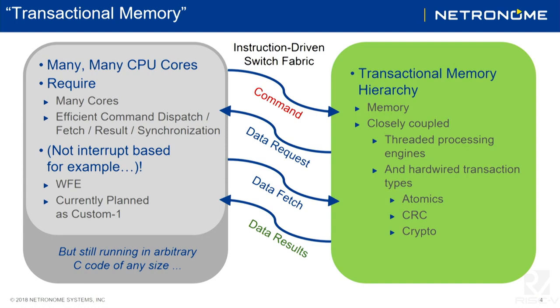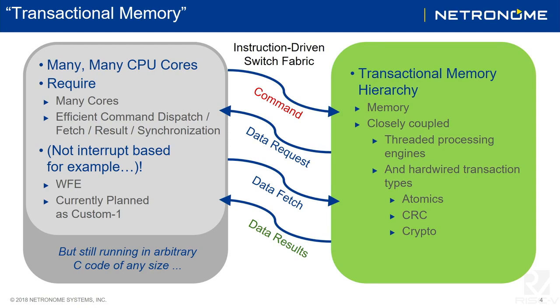How does it actually work? A command is issued from a CPU, RISC-V in this case. The command includes the information that's required for the operation. It includes where the data resides in the CPU that the operation needs to have.